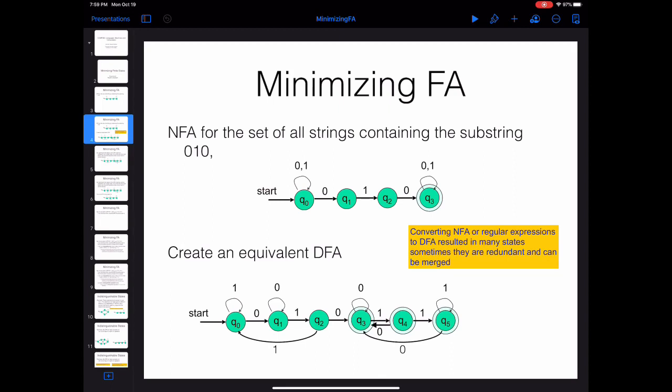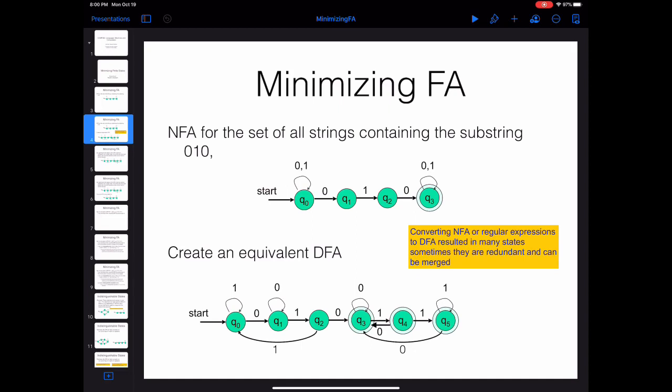In general, not only converting NFAs, but also converting regular expressions, the algorithms that we have seen for them, there's a good chance they will create a lot of states that we don't really need. So at the end, the equivalent DFA is going to have a lot of states, many of which can be removed.